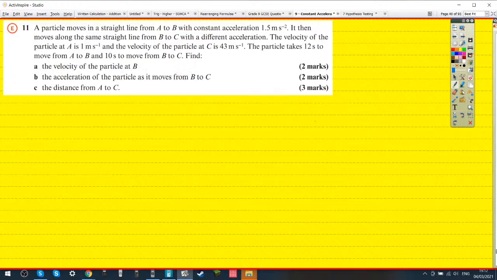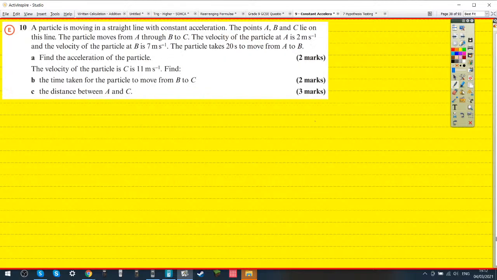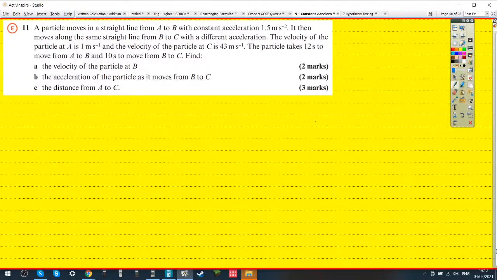I think we'll be all right. We'll pick it up later. Basically, there's a little trick in there. You could do A to B, then B to C. If you want the distance from A to C, you can just take the initial velocity at A and the final velocity at C and go about it that way. Just take it as one big journey. You'll be all right. Straight line.